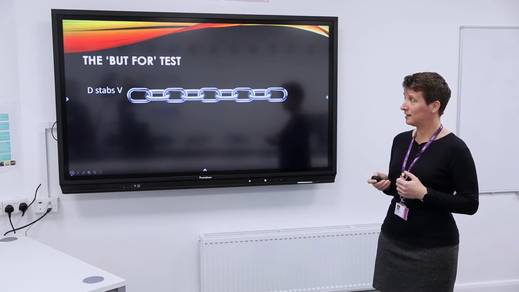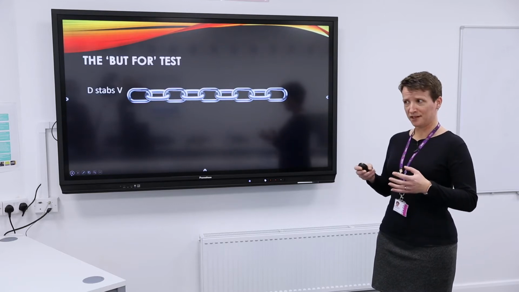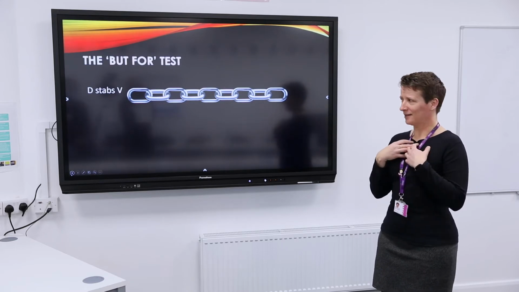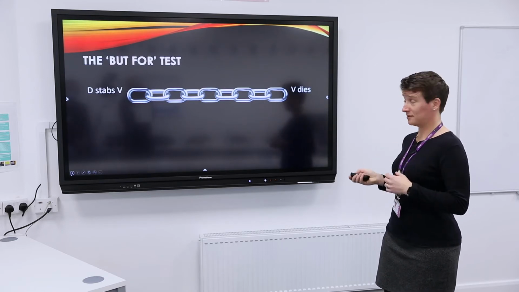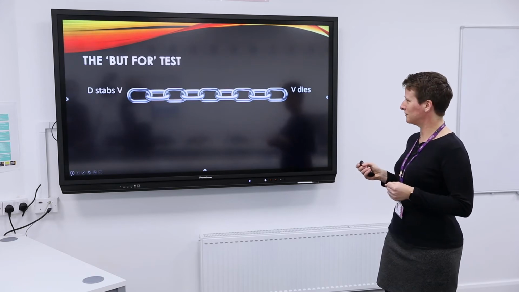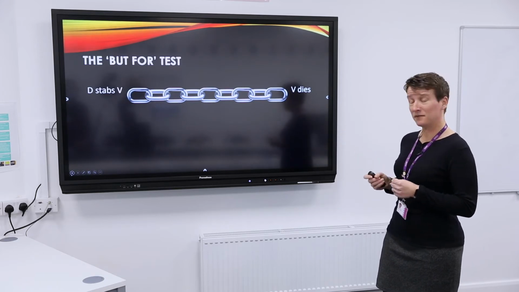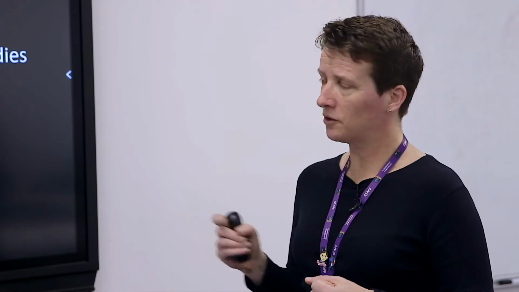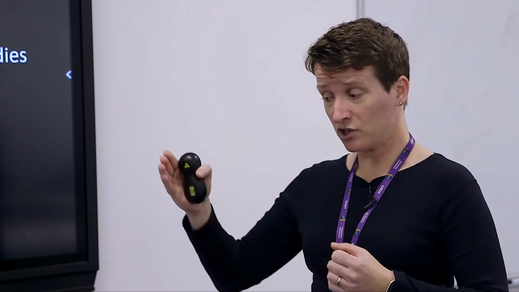This is what I mean. There's our chain again. This time, instead of me being late to work, I'm a defendant, so I am D, and I have stabbed my victim. Told you it's very cheery, this, in A-Level Law. So the defendant has stabbed the victim, and as a result of that, the victim has died. Now that's a very simple case. There are no events that break that chain, so there's no bad hospital treatment, for instance. Nothing has broken that chain which links the defendant's act to the victim's death.